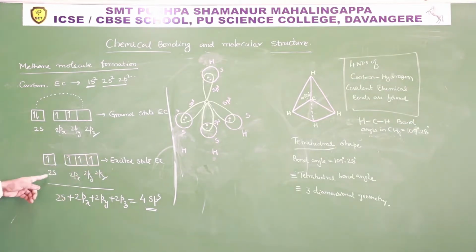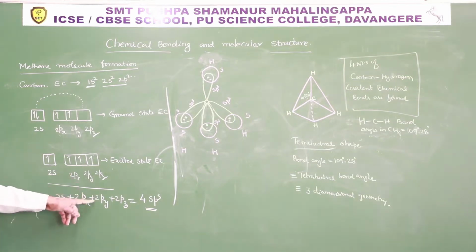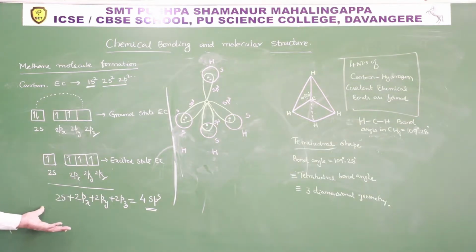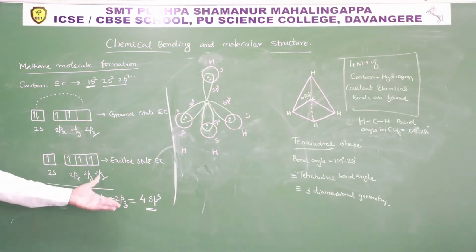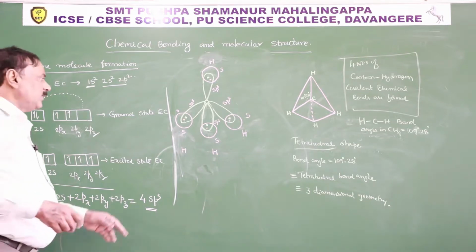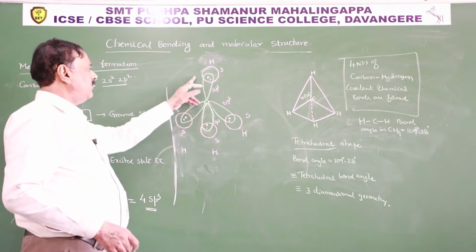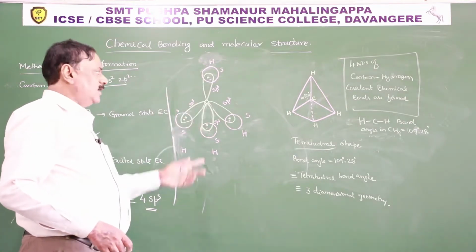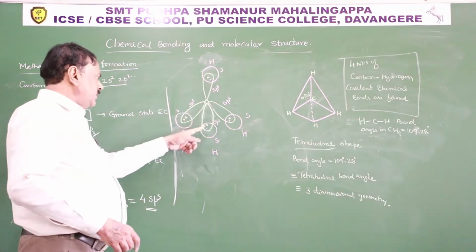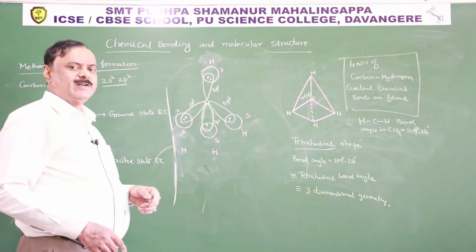Now we have one 2s atomic orbital, and 2px, 2py and 2pz, four atomic orbitals in total. Then they mix up, which leads to the formation of four sp3 hybrid atomic orbitals. All four sp3 hybrid atomic orbitals orient at an angle of 109 degrees 28 minutes like this. Each sp3 hybrid atomic orbital has only one electron.